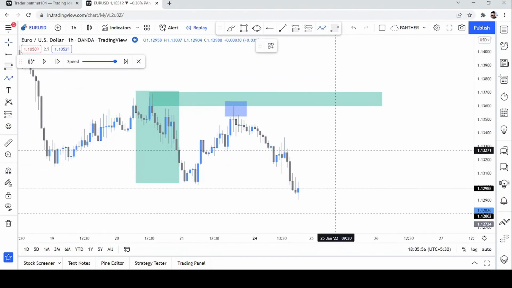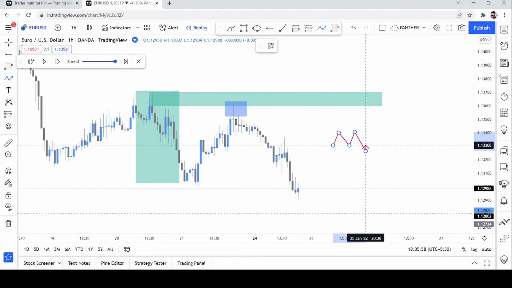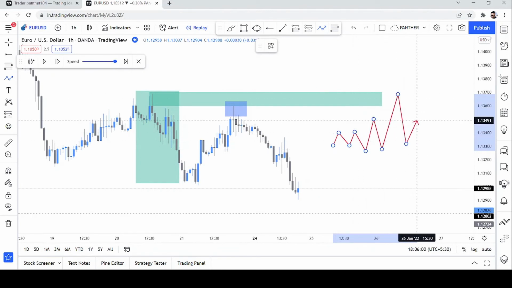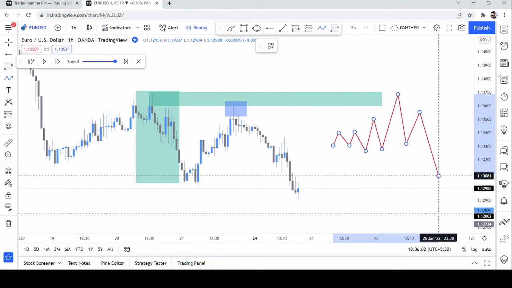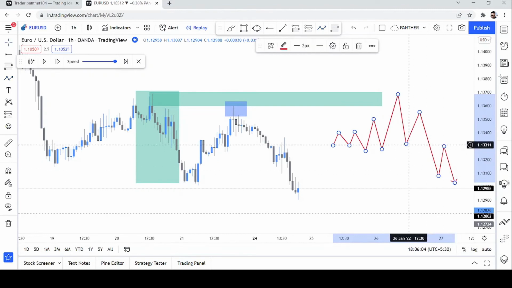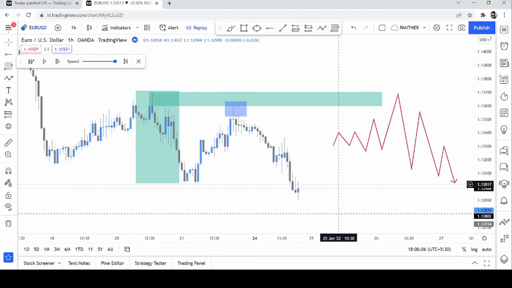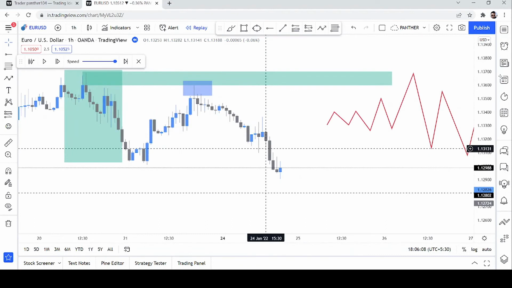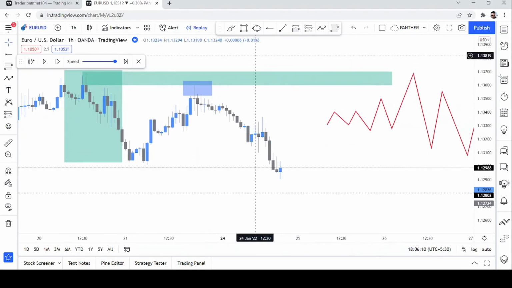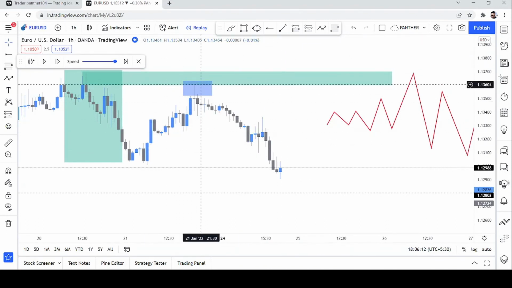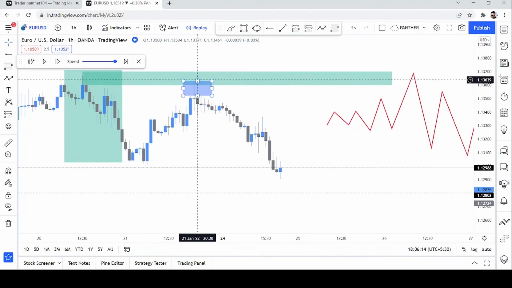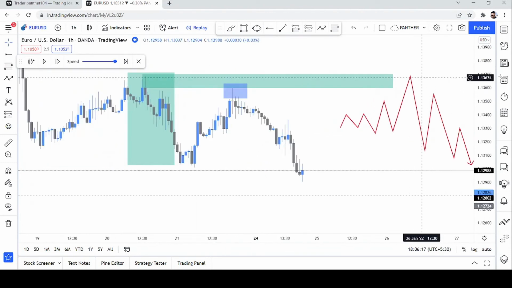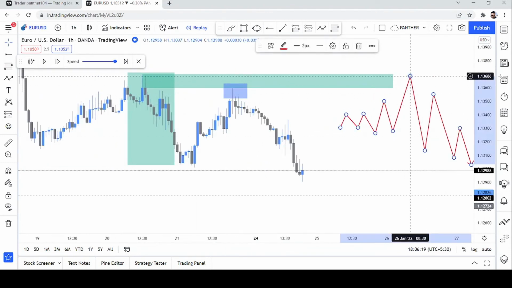What is the setup that we're looking for? That's right. Somewhat like this is what we are interested to see. Something like this. Already priced on a lower time frame. This wick, this very wick could be this move right here.